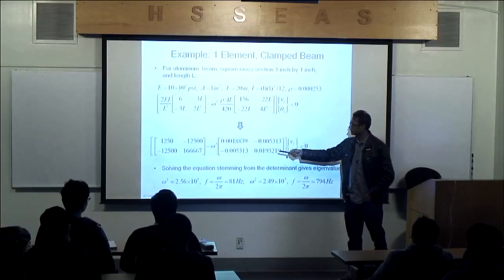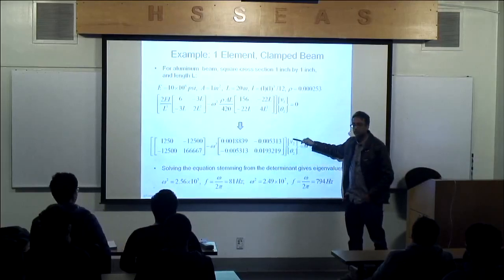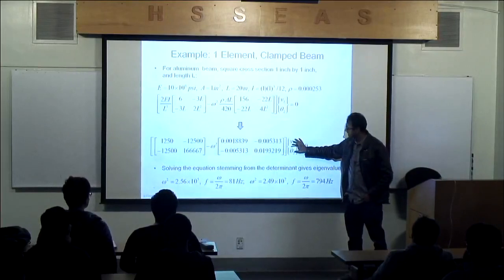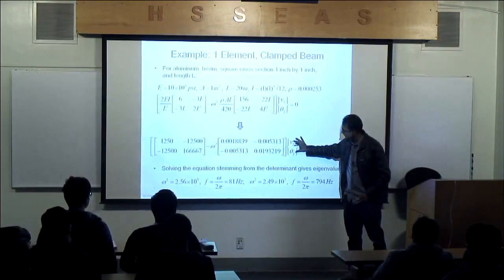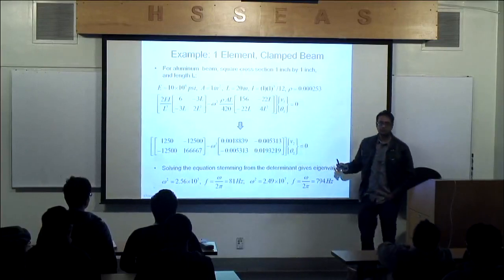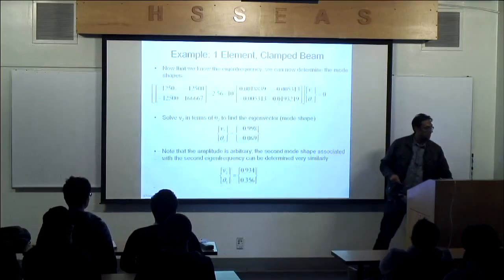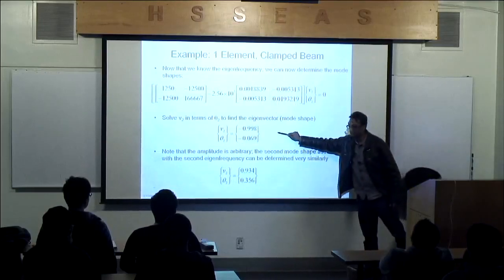So you can have different amplitudes of V2 and theta 2, doesn't matter. Okay? As long as the relationship between V2 and theta 2 is fixed, I know how these two are related, the left-hand side will be equal to the right-hand side. As long as this V2 and theta 2 take the values that we calculated here for mode 1 and mode 2.